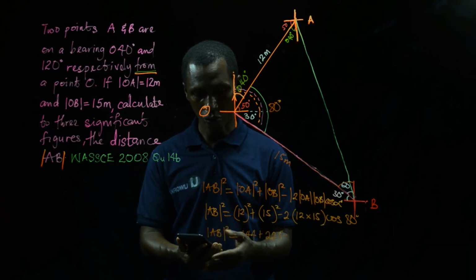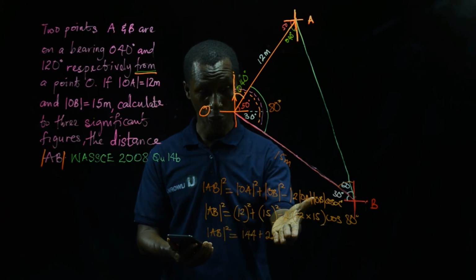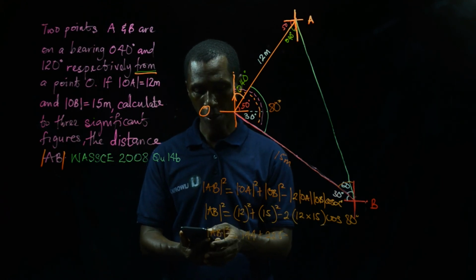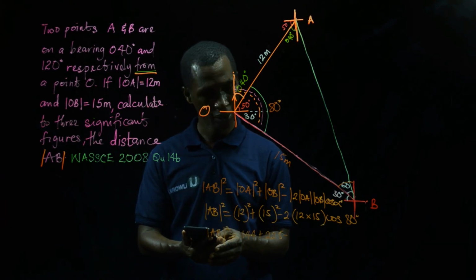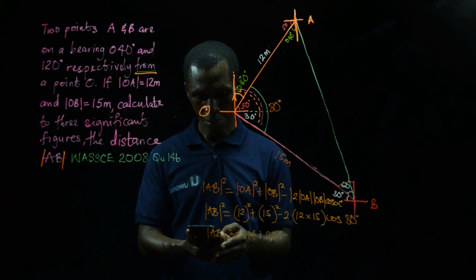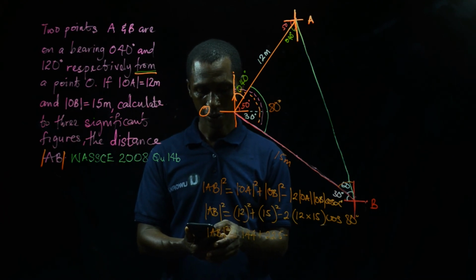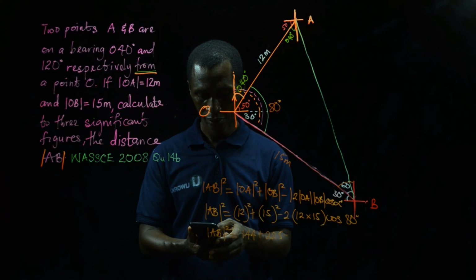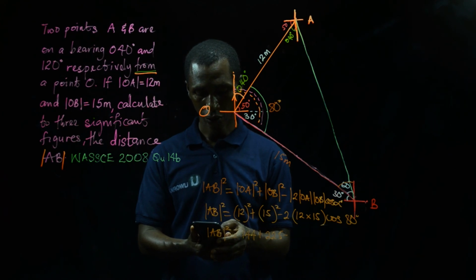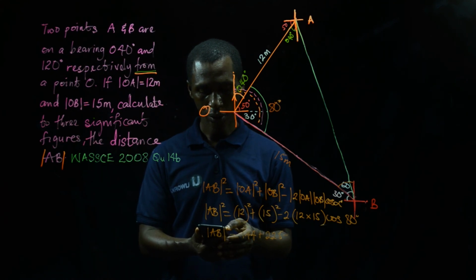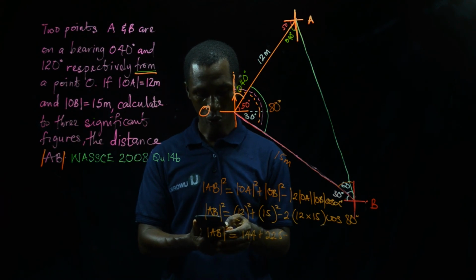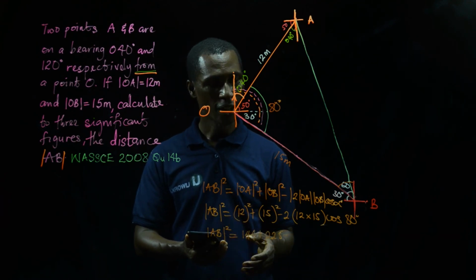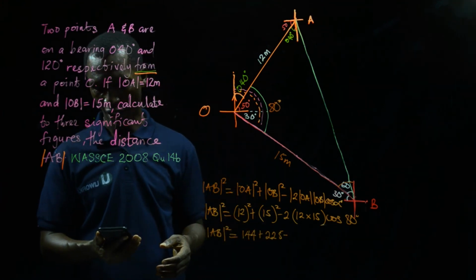So that is exactly what I'm going to do. I have minus 2, you open a bracket, 12 times 15, you close the bracket, cos 80, you close the bracket, and you are going to get 62.513.